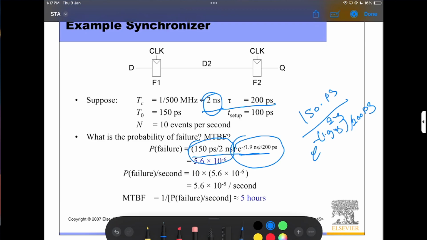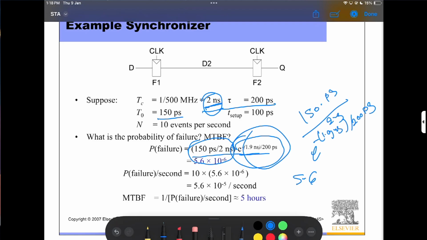So 150 picosecond by 2 nanosecond, multiplied by the exponential.